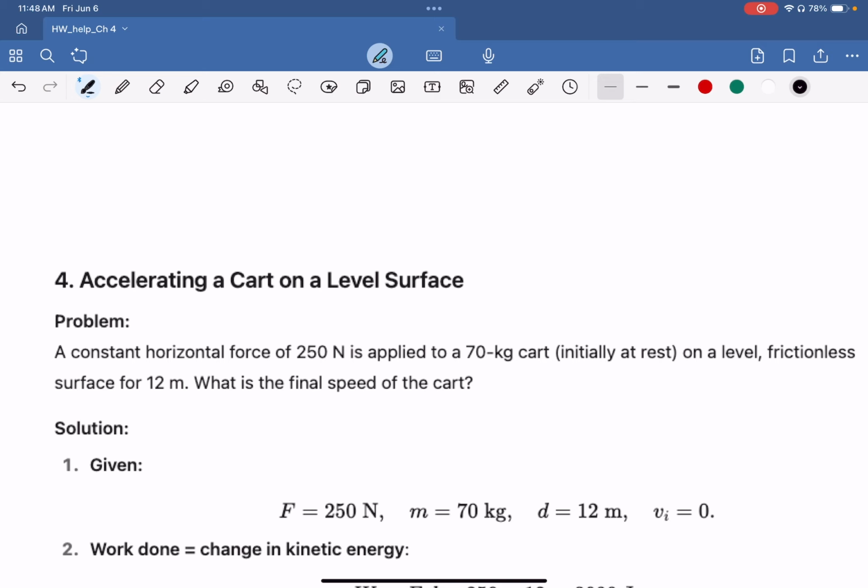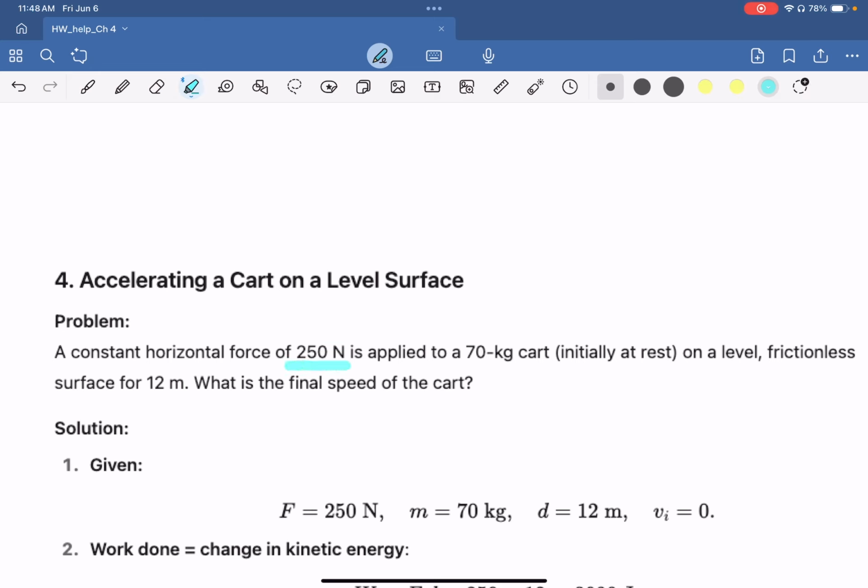Accelerating a cart on a level surface. We did something similar to this, but there's a slight change. A constant force of 250 newtons is applied to a 70-kilogram cart.